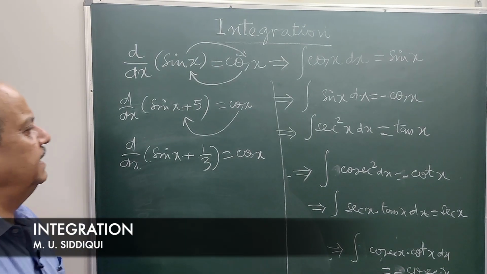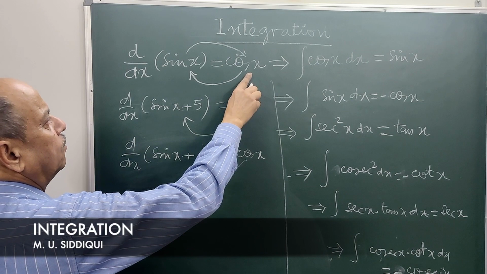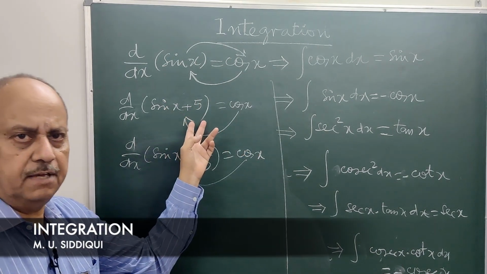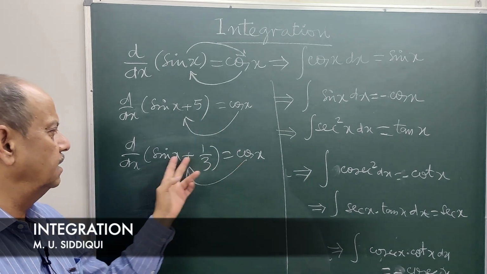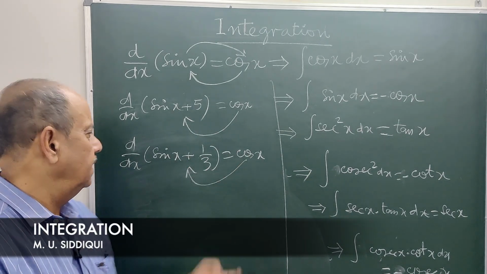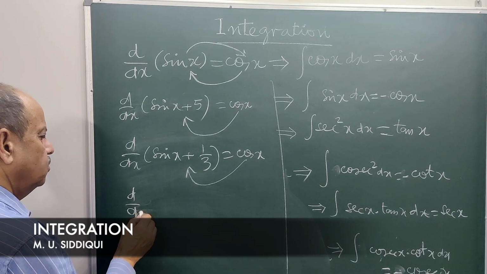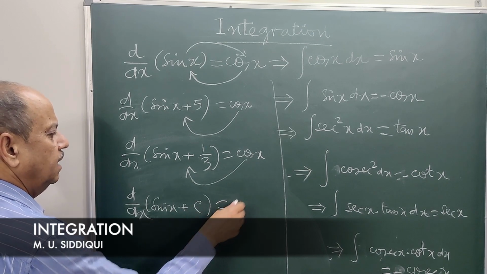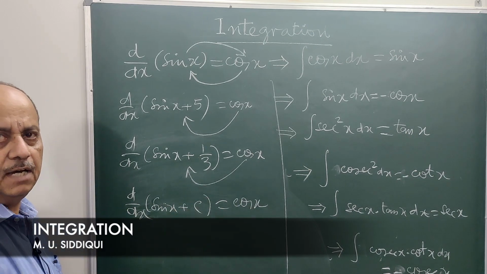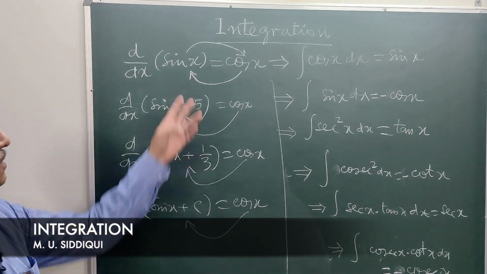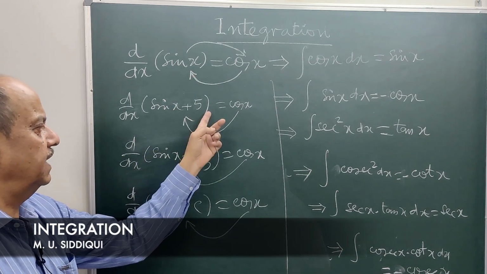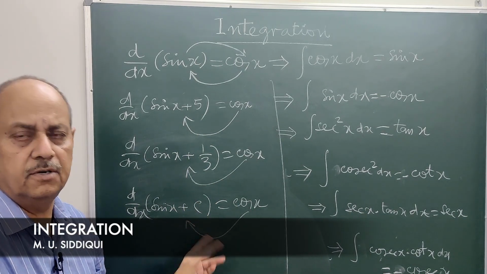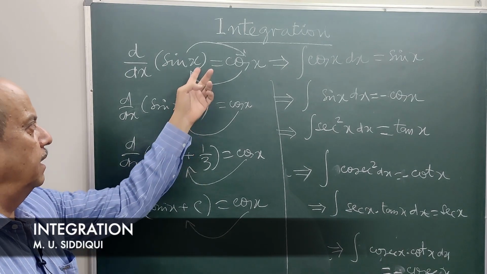When you go to integrate, you can say integral of cos x may be sin x, or sin x plus 5, or sin x plus 1 upon 3, and even d dx of sin x plus any constant will be equal to cos x only. And therefore, integral of cos x may be written as sin x, or sin x plus 5, or sin x plus 1 upon 3, or sin x plus any constant, because when we differentiate a constant, that becomes 0.